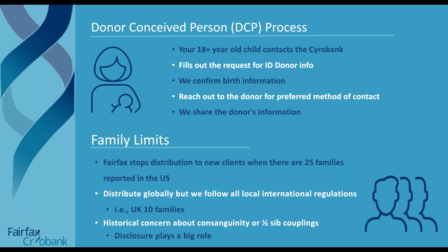Disclosure plays a big role, so we strongly recommend disclosing to your children. We abide by the ASRM guidelines, American Society of Reproductive Medicine, including their guidelines on population as well.